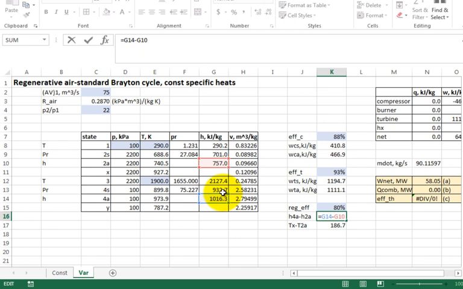Those are my changes in enthalpy. And then my actual enthalpy at state X minus the enthalpy at state 2 actual will be 80% of that delta h max. So this is still good. This is interpreted as change in enthalpy. So I come over here and I can calculate the enthalpy at state Y.